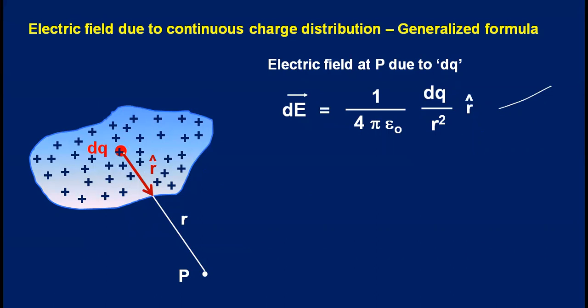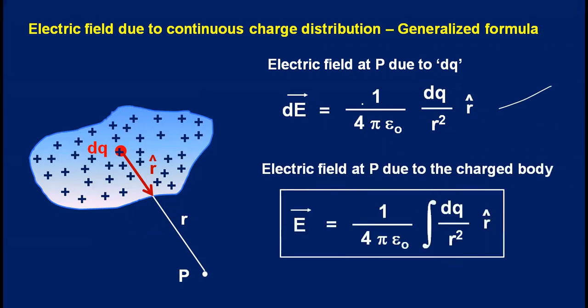Now, step 3 in the earlier slide told us we have to integrate the result of step 2. So in the step 2 la kadacha in the result integrate panna, I'll be getting electric field due to the entire charged body. So electric field at P due to the entire charged body is obtained by integrating this. Now you know 1 by 4 pi epsilon naught is a constant, so I'm taking it out of the integral symbol.